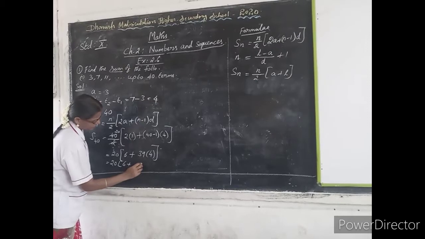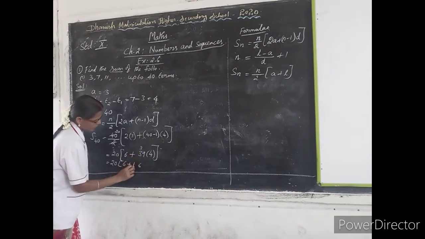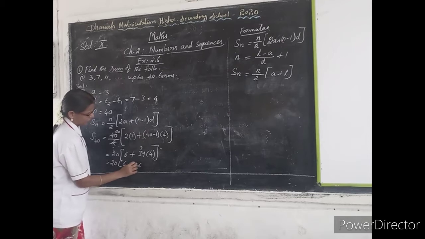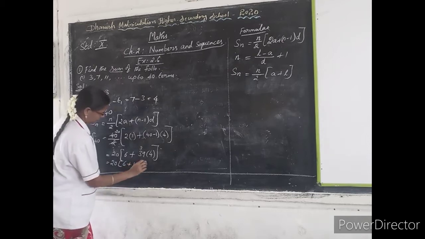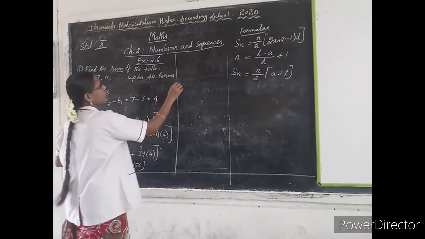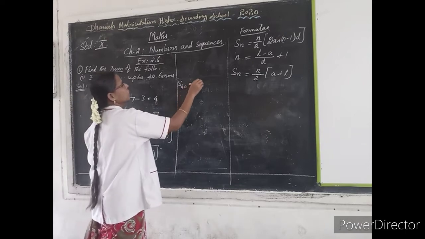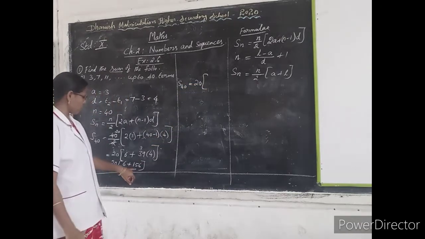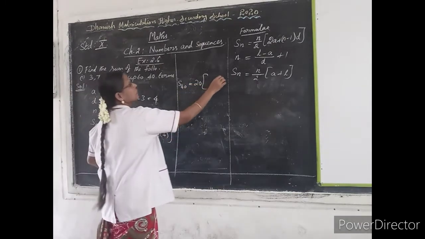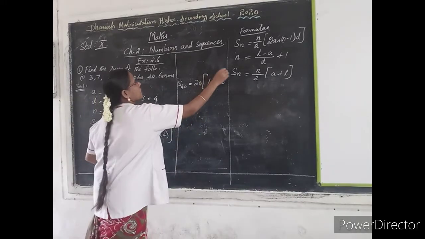4 nines are 36, carry 3. 3 fours are 12, 12 plus 3, 15. So 39 into 4 is 156. So S40 is equal to 20 into 6 plus 156, that is 162.